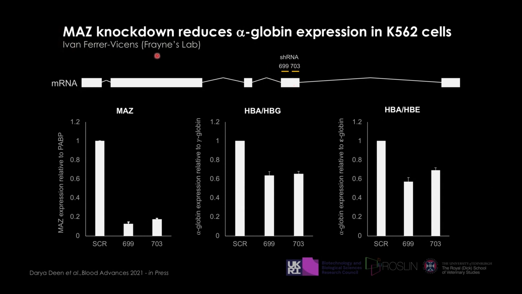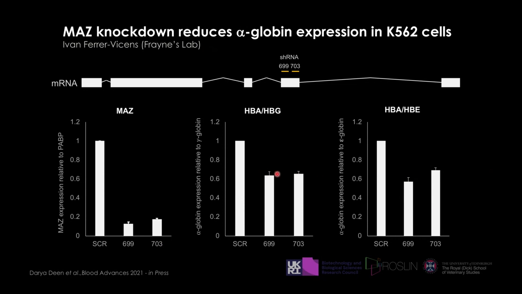And the work was beautifully done by the lab of Jan Frayne in Bristol, right in the middle of the pandemic. So I can tell you all aspects were extremely stressful for us. And you can see that strong downregulation of MAZ is affecting the expression of alpha-globin in these cells.